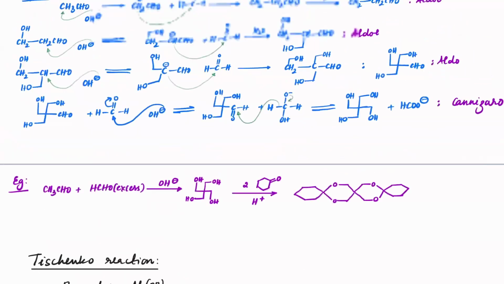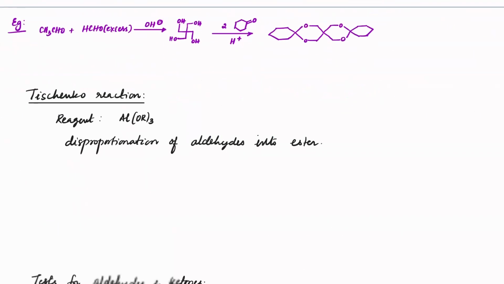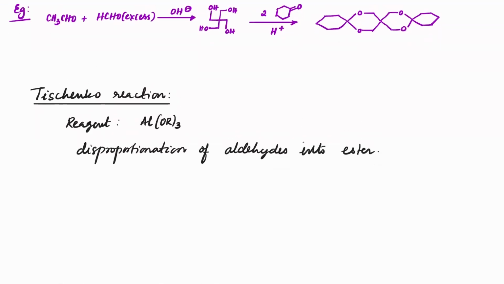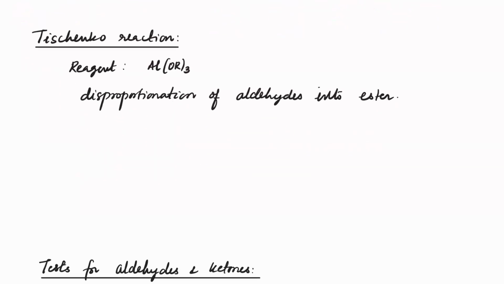Right. Now, let's take one more reaction known as Tishchenko's reaction. Tishchenko's reaction is also an application very similar to Cannizzaro, where the reagent we use is trialkoxy aluminum. And here there is a disproportionation of aldehydes into esters.